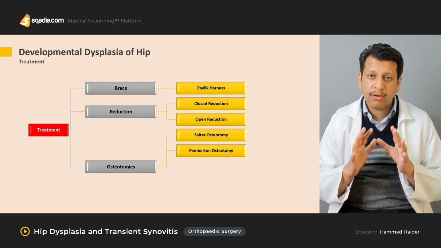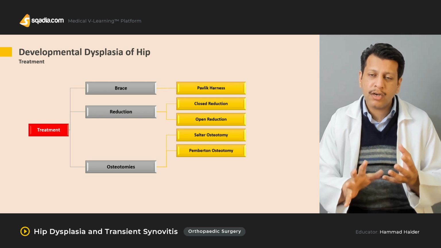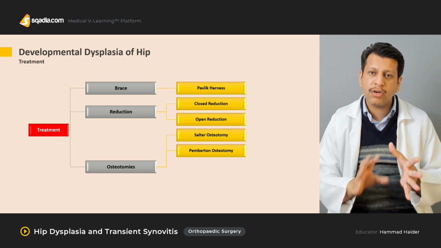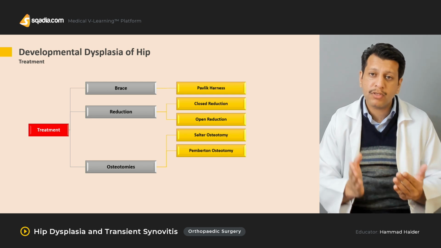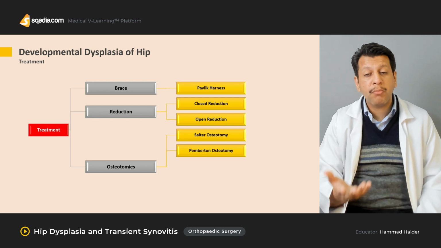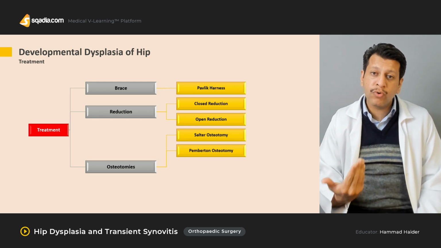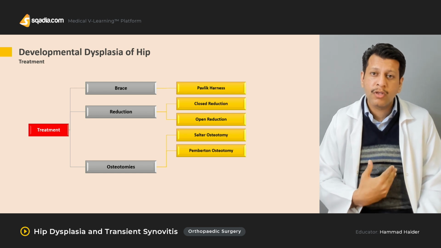Sometimes you have to go for a hip osteotomy only, and if you can contain the head, well and good. If you cannot contain it, you may have to go for an associated femoral osteotomy as well. Another osteotomy is Pemberton. The important point is that Pemberton can also be done before the triradiate cartilage closes.